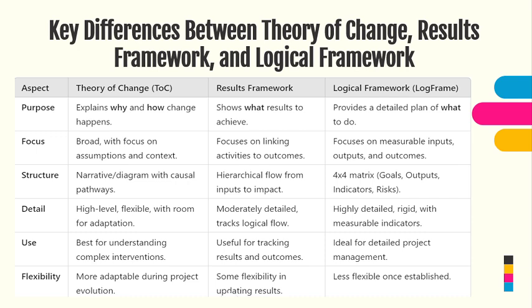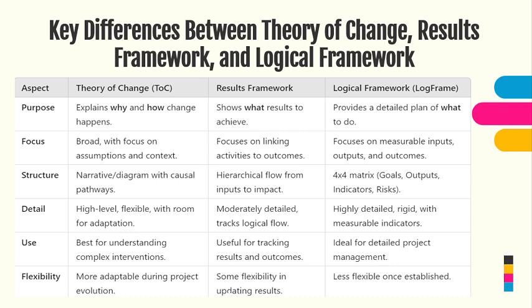A theory of change is high level, flexible, with room for adaptation. A results framework, on the other hand, is moderately detailed and tracks logical flow. A log frame is highly detailed with rigid and measurable indicators. You rarely change the log frame. You can make changes, but it's rigid in most cases.